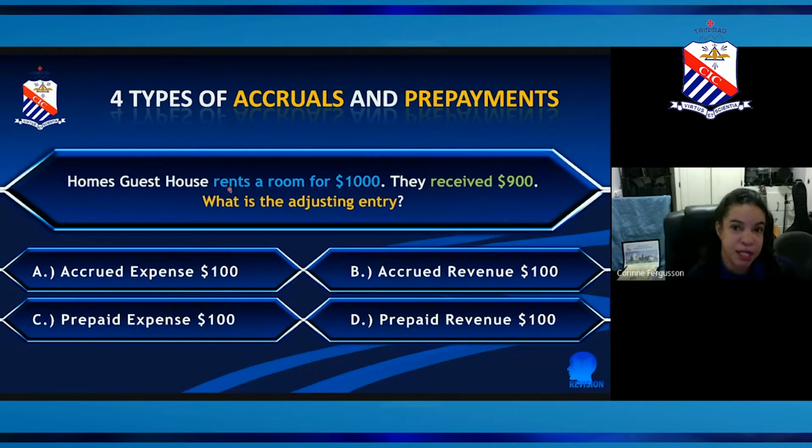If the business is actually the one renting the room and therefore receiving the money, that would mean that it would be revenue and not the expense that you might have just initially assumed. So look at this one as well. Is the business receiving or paying? And that would identify whether it's revenue or expense.